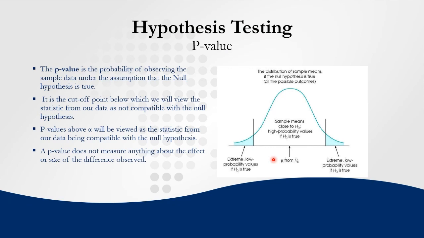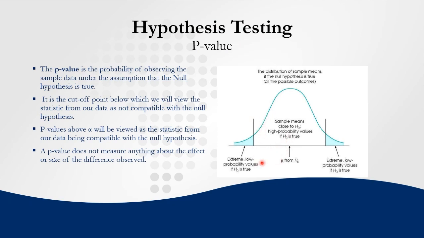Why? Because in simple terms, the p-value quantifies the probability that the outcome is by chance. If we have a high probability that the outcome is by chance, then it means this outcome doesn't really represent what is happening.